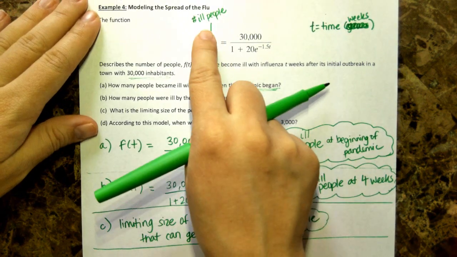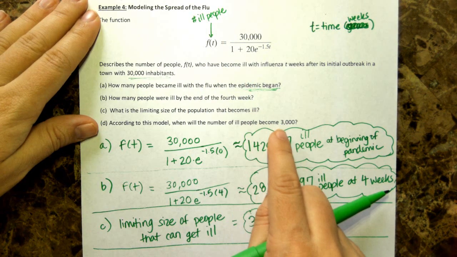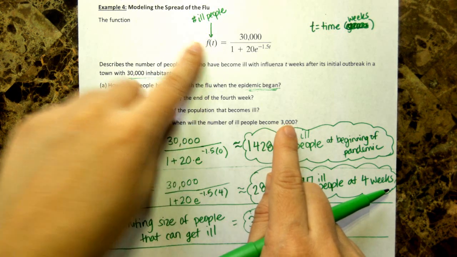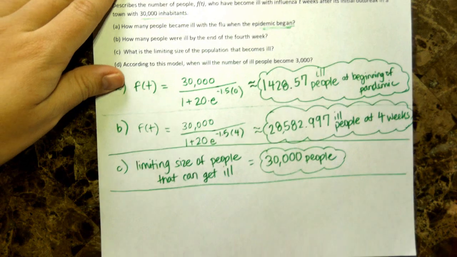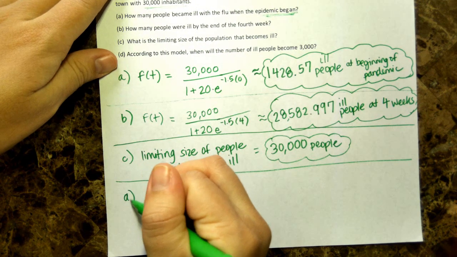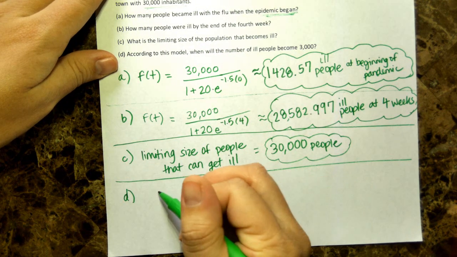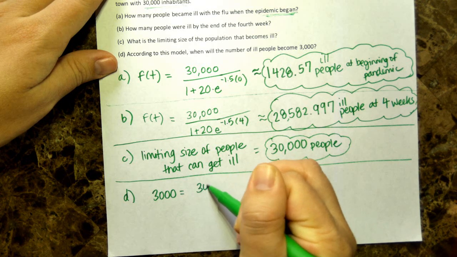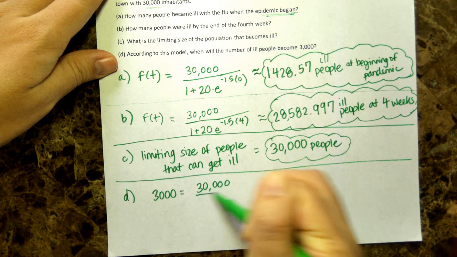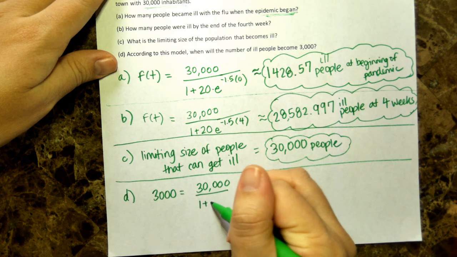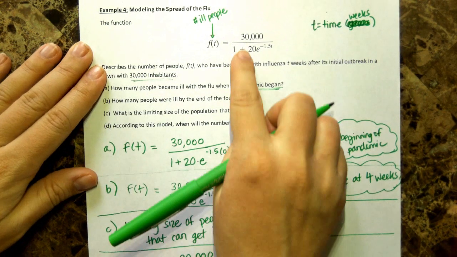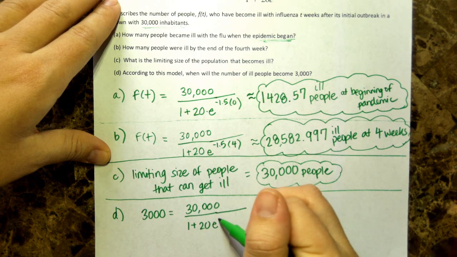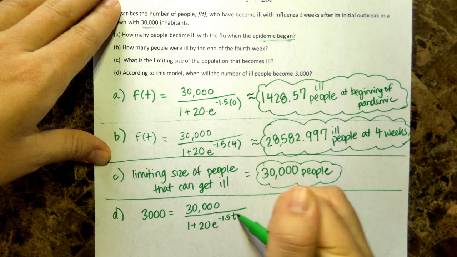So instead of f of t, I'm going to plug in the number 3,000. So it'll be 3,000 people is equal to 30,000 divided by 1 plus 20, everything else staying the same, times e to the negative 1.5 times t.